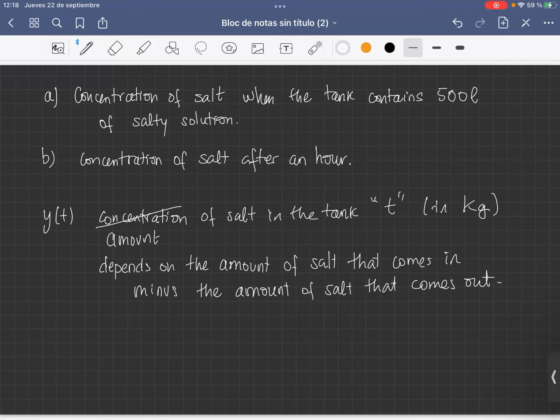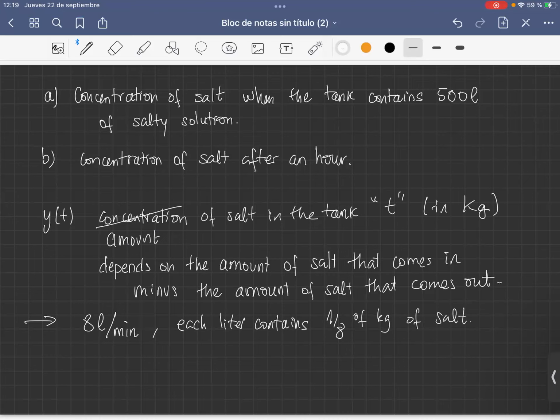Okay, so we know that entering it's 8 liters per minute. And we know that each liter contains 1/8 of a kilogram of salt. So it means that we have basically 1/8 kilogram of salt per liter.